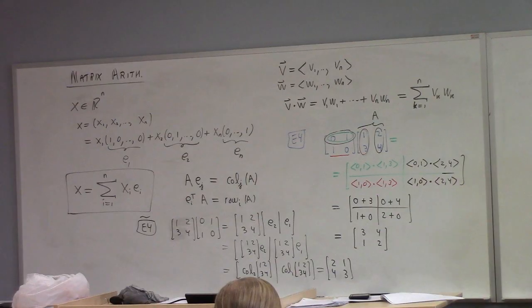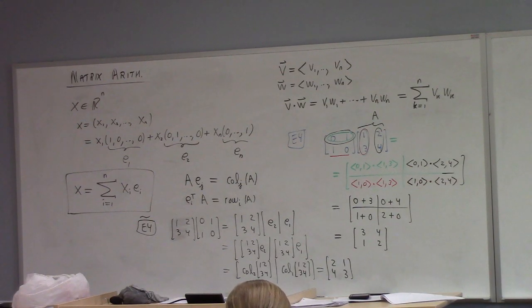So if you use this rule on my example 4 revisited, if we look at 0, 1, 1, 0 times the matrix 1, 2, 3, 4, I can look at that as E2 transpose, E1 transpose, times 1, 2, 3, 4, which is E2 transpose times the matrix, E1 transpose times the matrix.